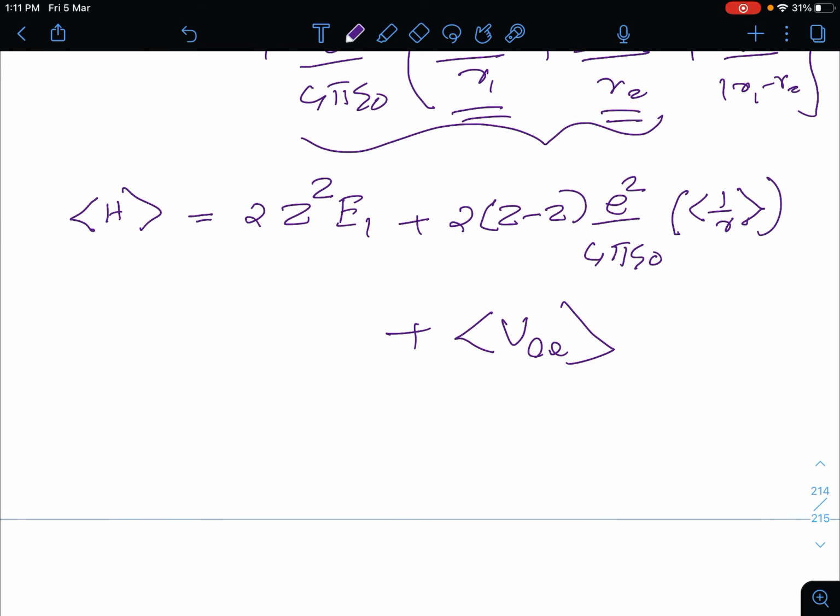So the expectation value of 1 by r, as we know, in the case of this helium atom, simply becomes z by a.